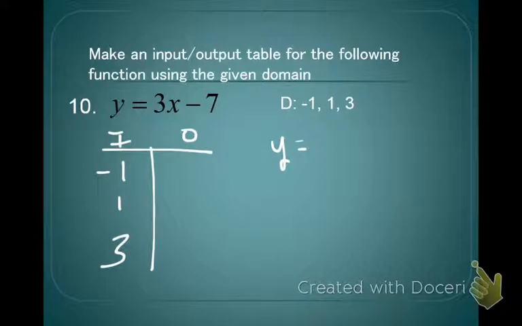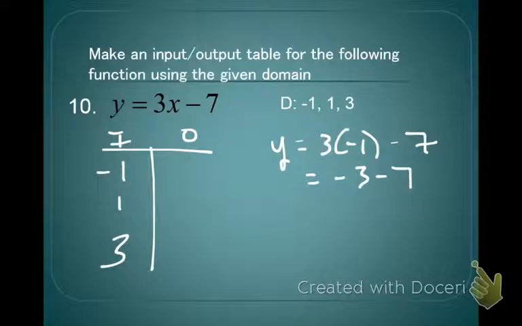So I'm going to put negative 1 in for that x. And now we're back to the homework from the other night, just evaluating that. So 3 times negative 1 is negative 3. Negative 3 plus negative 7, those are your like terms, gets you negative 10, right? You plug in 1.